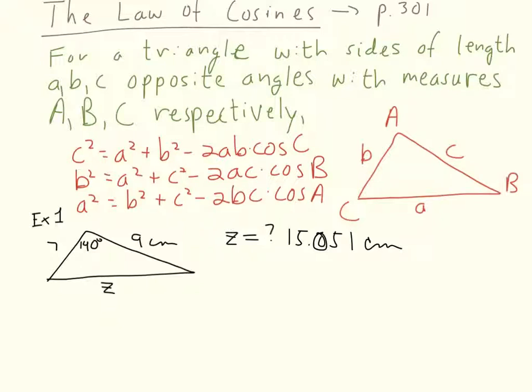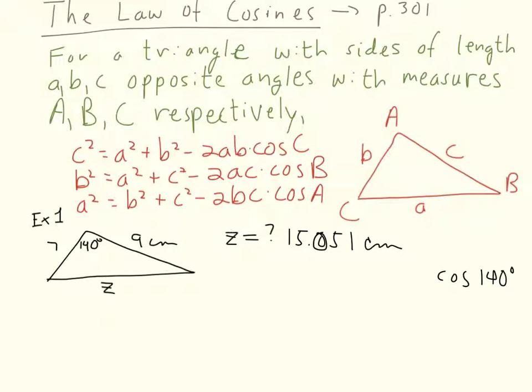In writing the equation from the law of cosines, of course we only have one place to put an angle, and then 3 spots to fill in the sides. So since we were given the measure of an angle, then pretty obviously we're going to have the cosine of 140 degrees way out here.